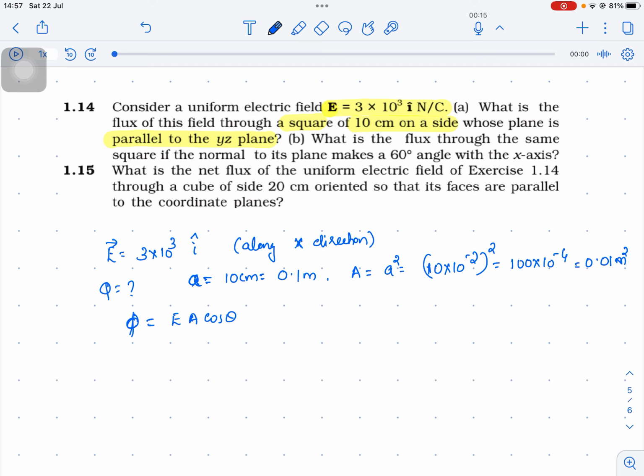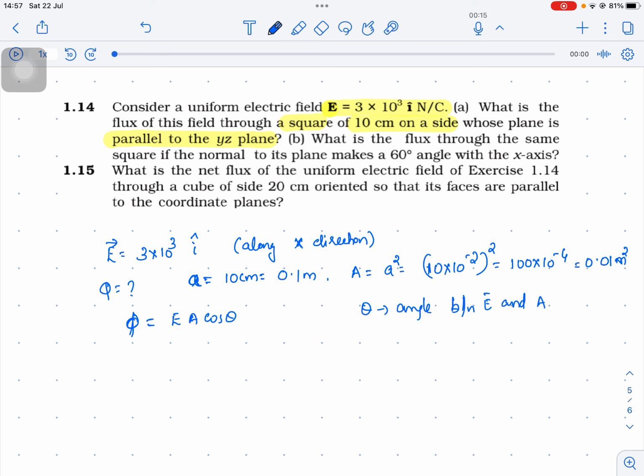Now the question is, what will be the angle? Here theta is the angle between the electric field vector and the area vector. We know the direction of area is nothing but the normal to the plane.